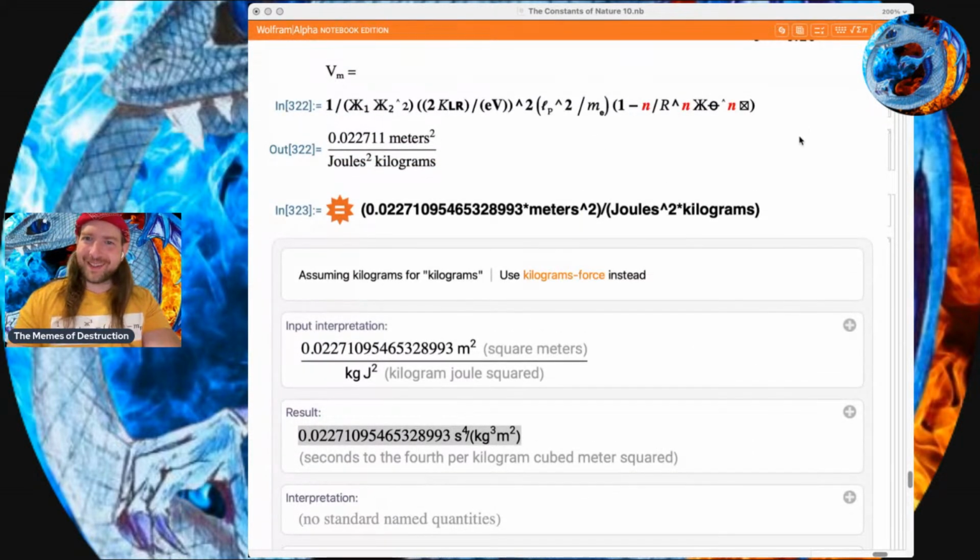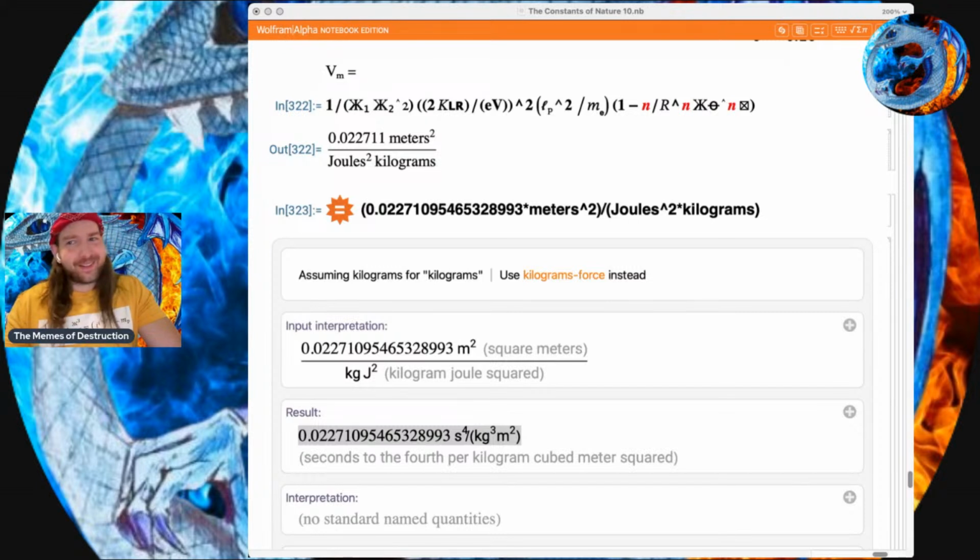How about this? Let's ask Wolfram Alpha. 2 meters cubed per mole. Hold on. Not compatible. So we have length, amount.